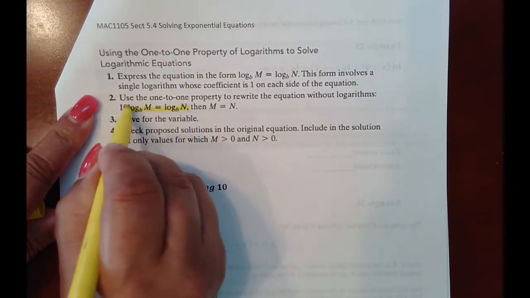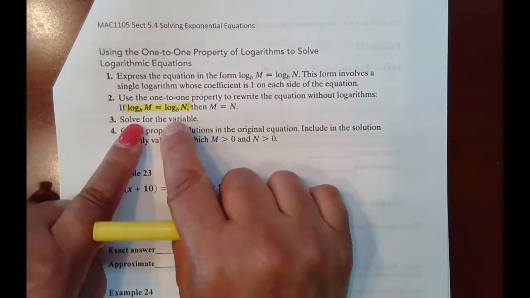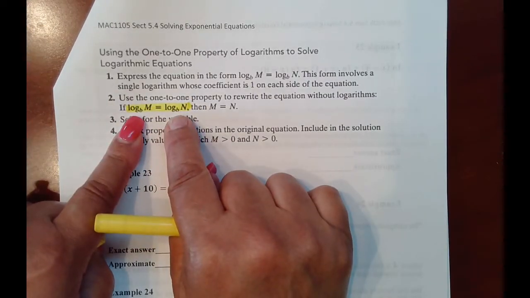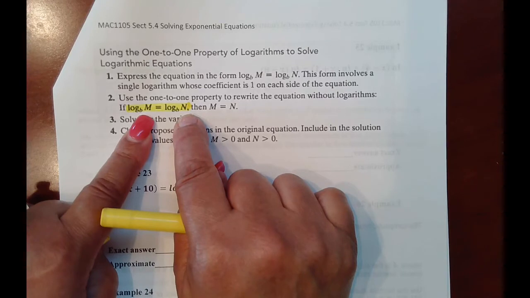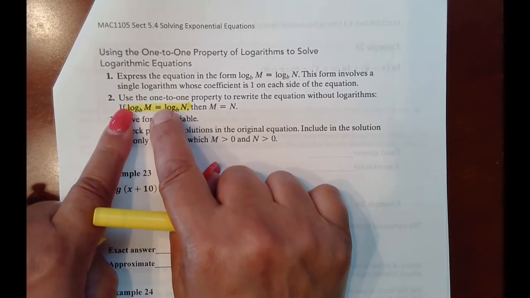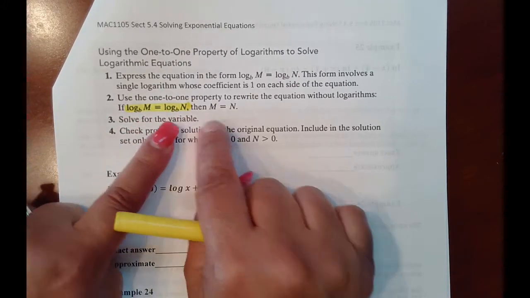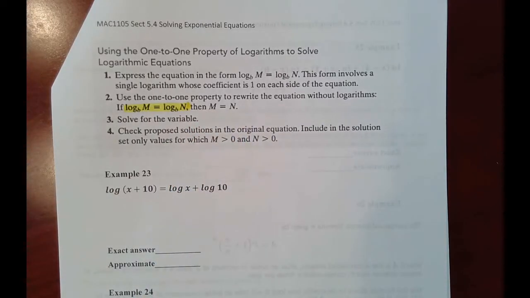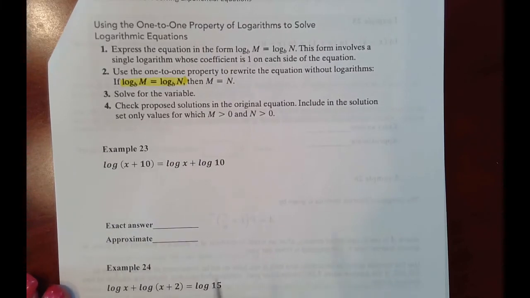If two logs are equal, as long as they have the same bases, then you can continue the problem by working exclusively with the arguments m and n. So once you see that you have a single log on both sides, same base, you can discard the log and the base and work just with the arguments to continue solving the problem. We're going to work to get that to happen in example 23 and for the next several problems.